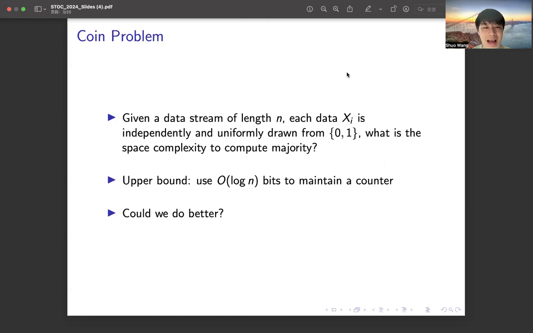For this problem, we have a very trivial upper bound. We could maintain a counter of the summation of all the data xi, and it will cost us O(log n) bits since the total sum of those data is at most n. An interesting question is, could we do better than that?